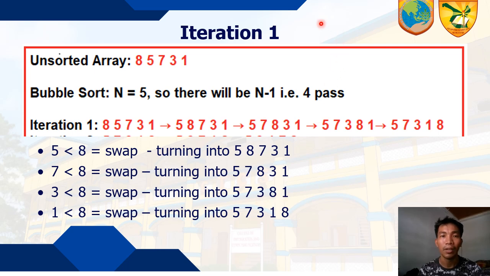Finally, the last element in the current list is 1, and 1 is compared with 8. Since 1 is less than 8, we swap them so that we conclude the first iteration with the list 5, 7, 3, 1, and 8.